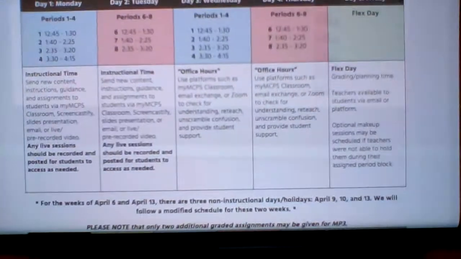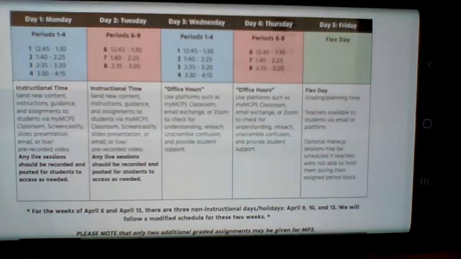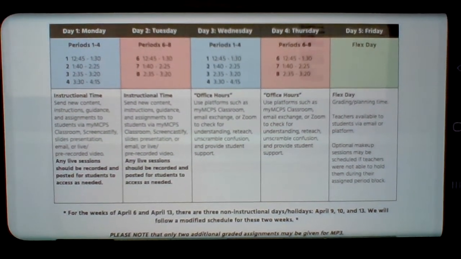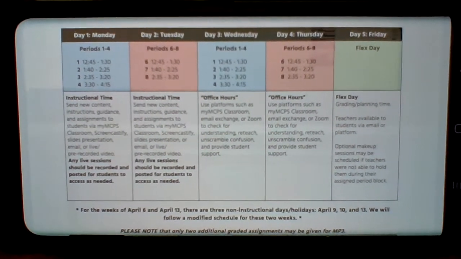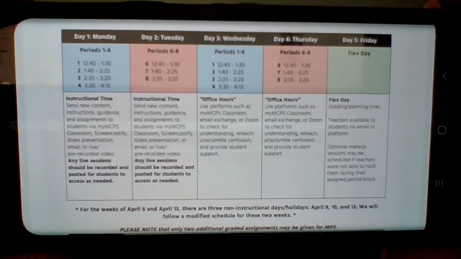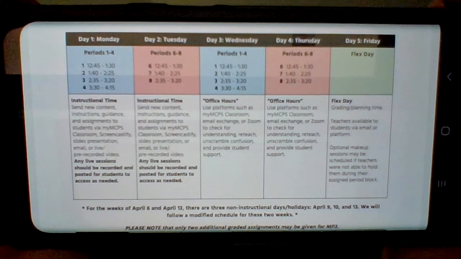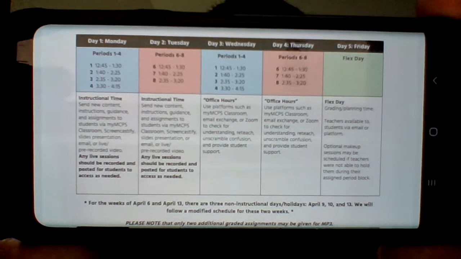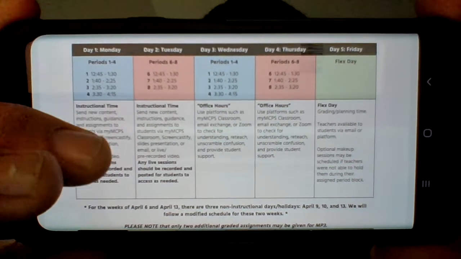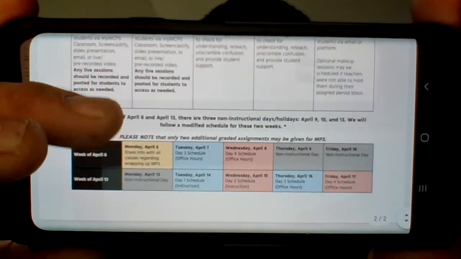Okay. So I'm going to pull this up on my phone real quick, but hopefully you have seen it. Miss Bolden sent a message to the community over the weekend, laying out a schedule for how we're going to be operating moving forward. So this is what we're looking at week to week. On Monday and Tuesday, it's broken up times for presenting new information and instructional time. Then we have office hour time to answer questions and help students on Wednesday and Thursday, and then Friday is a catch up day to get everybody on the same page before the end of the week.